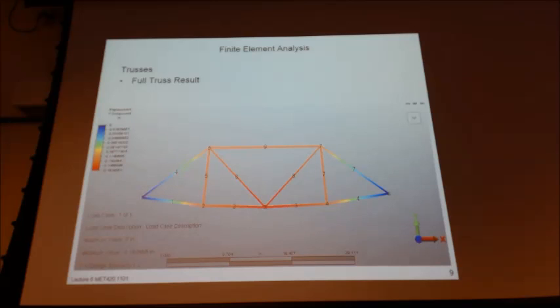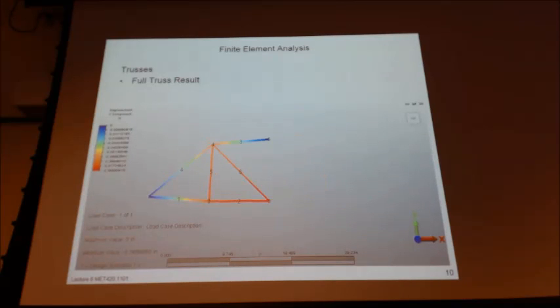Now if we look at the results for the half, mislabeled, but anyway, for the half a truss, our max deflection again is at node 3, but our displacement is what? Half of the full displacement, because it's 0.08 as opposed to 0.16.